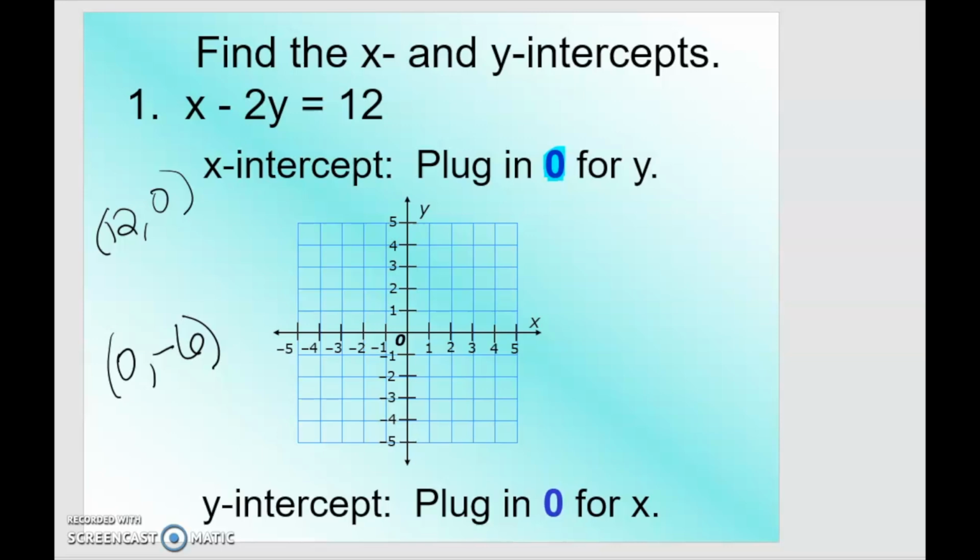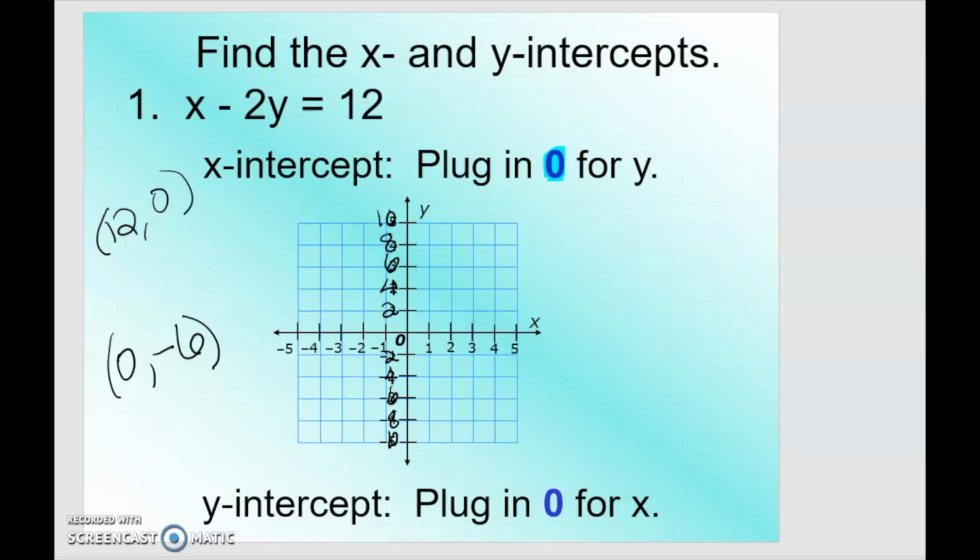Now when you're graphing this on your paper, I don't want you making ginormous graphs, so it would be perfectly okay, instead of going by ones, to go by 2s or by 3s for your x or for your y. That's completely up to you. So what I would do is probably just change this to 2, 4, 6, 8, 10, negative 2, negative 4, negative 6, negative 8, negative 10.